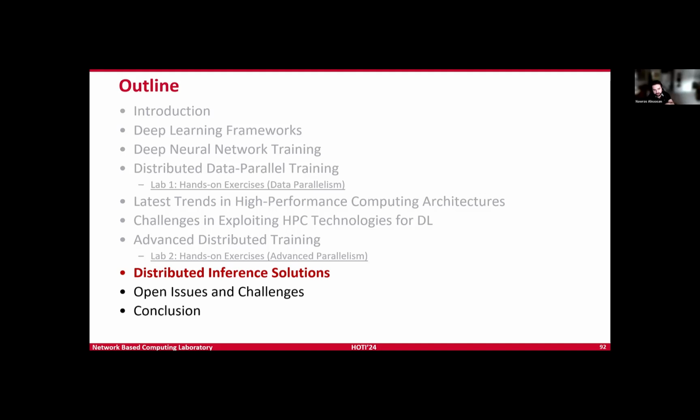During the execution, different nodes or different GPUs will access different data samples on that file system, so we do not require communication for that. What is communicated in most cases are the model parameters or the model activations.